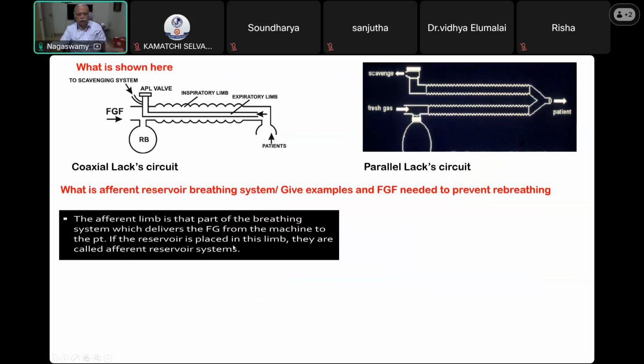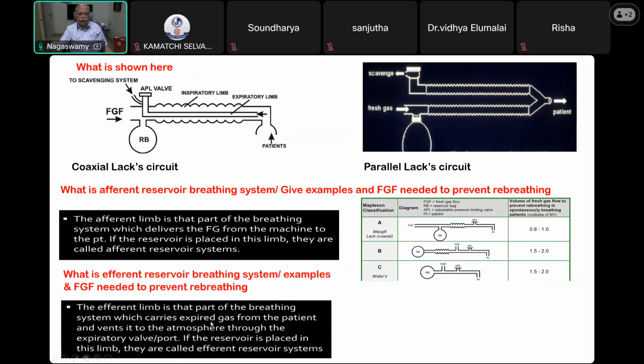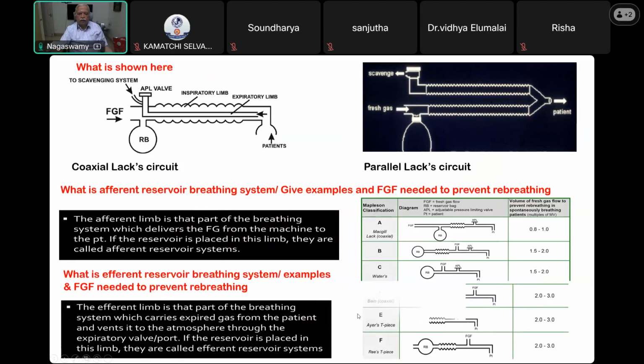If the reservoir bag is placed in this limb, it is known as an afferent reservoir. The examples are Mapleson A, B, and C. When it is in the efferent limb, the exhaled limb, it is called the efferent reservoir, and the examples are D, E, and F. So this is easy to remember.